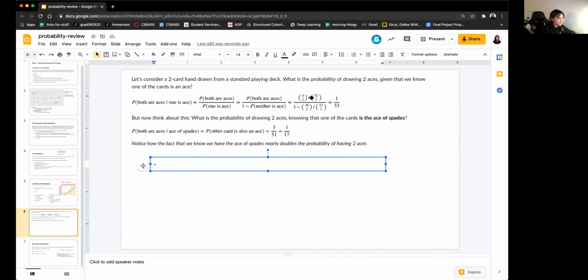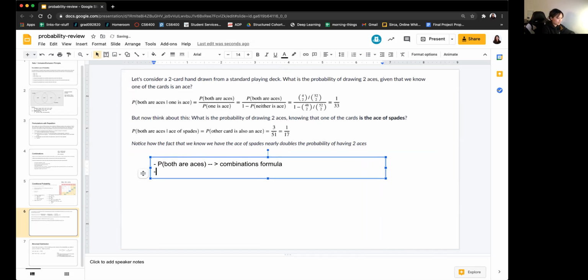combinations. So this part of finding the probability of both being aces comes from the combination formula. Getting the probability that neither is an ace is very similar. It's just 1 minus the result from the combinations formula.